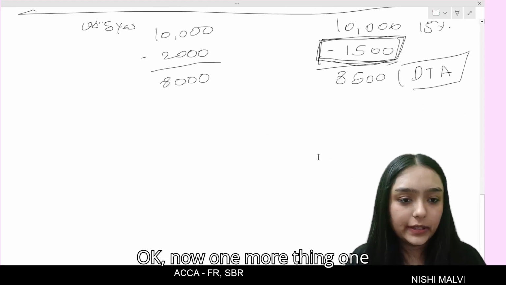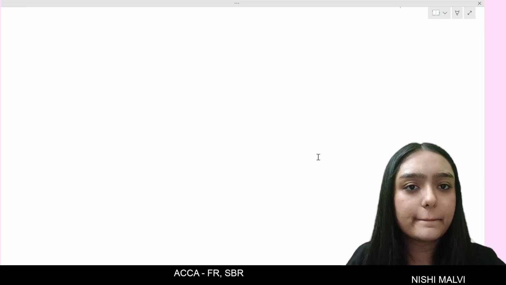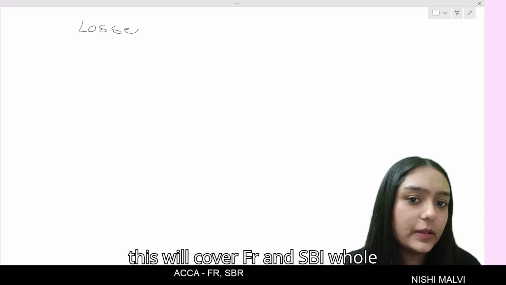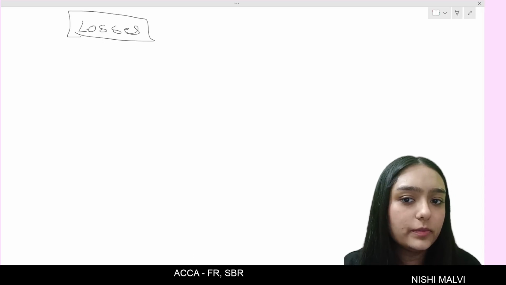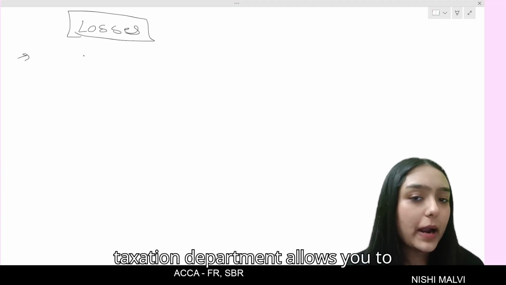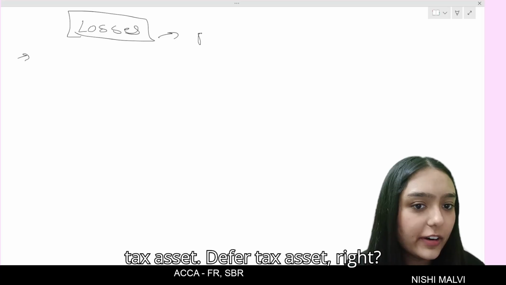Now one more thing you guys need to see is, just a second. Okay. Now in case of the losses, this will cover FR and SB a whole thing. In case there is a loss, it's your deferred tax asset.